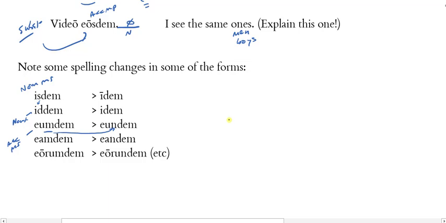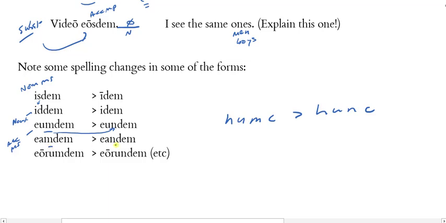endem. We saw this with humc becomes hunc for the accusative masculine singular of hic, hoc. Okay, and emdem becomes endem.